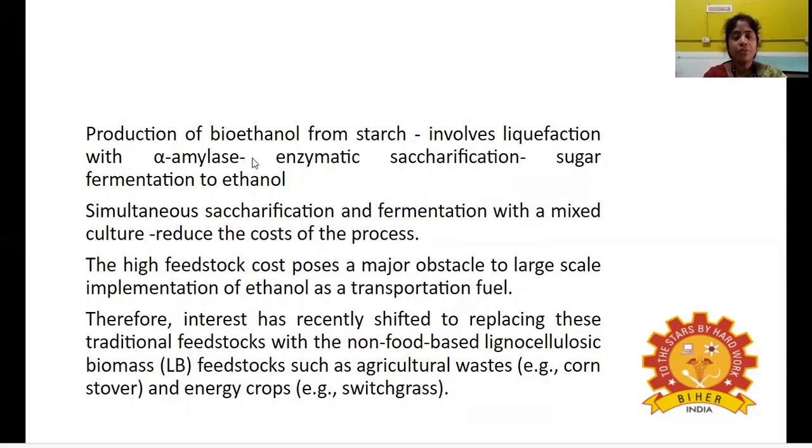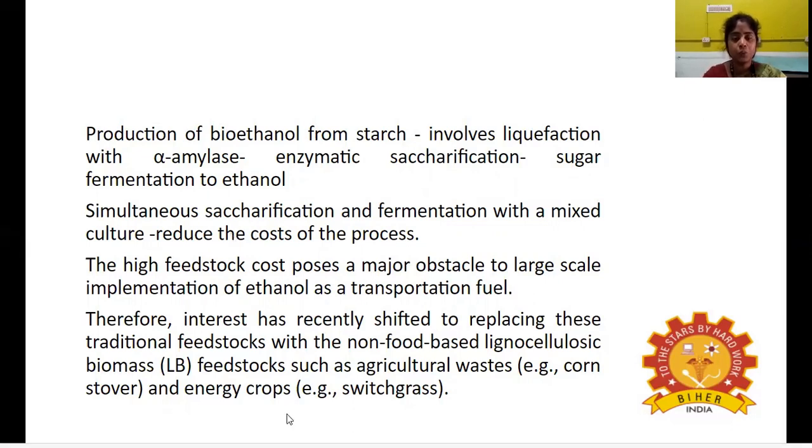So instead of using one specific organism with the help of enzymatic activity for the conversion of sugar into alcohol, we can do the same thing with the help of a mixed culture, which will reduce the cost of the process. And then it can be used for transportation purposes.